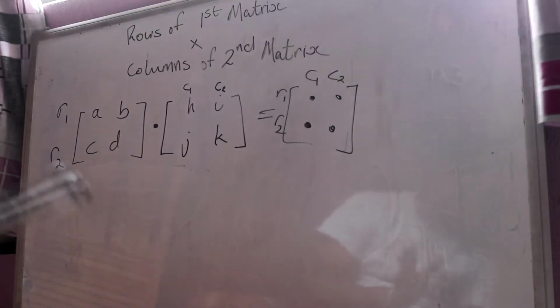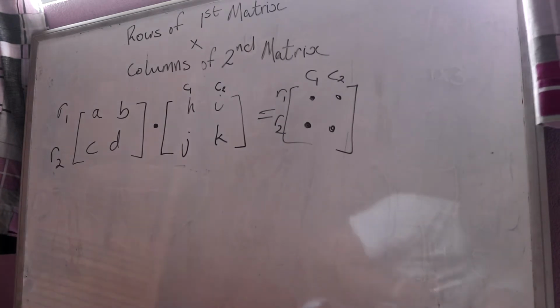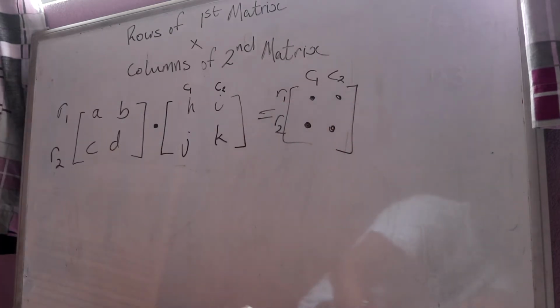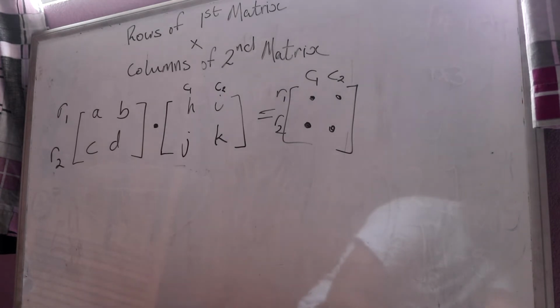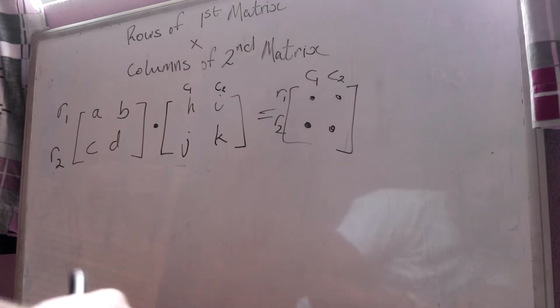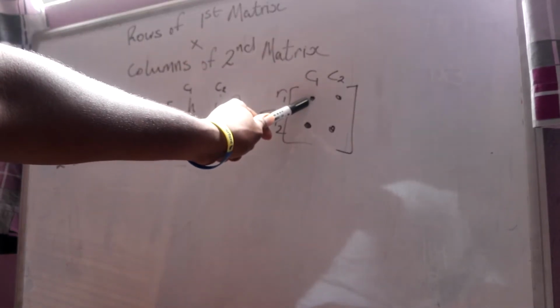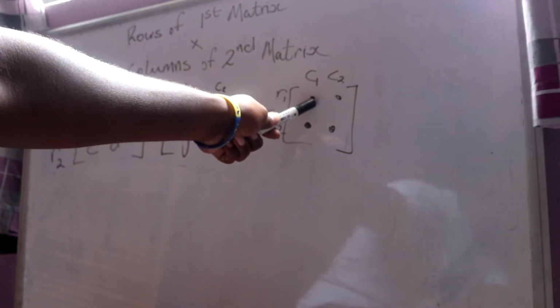Let's start to multiply. I like to teach this topic by starting with my little diagram here. We have 2 rows and 2 columns, and our answer should have 4 elements: 1, 2, 3, 4. The first dot represents one of our 4 answers.